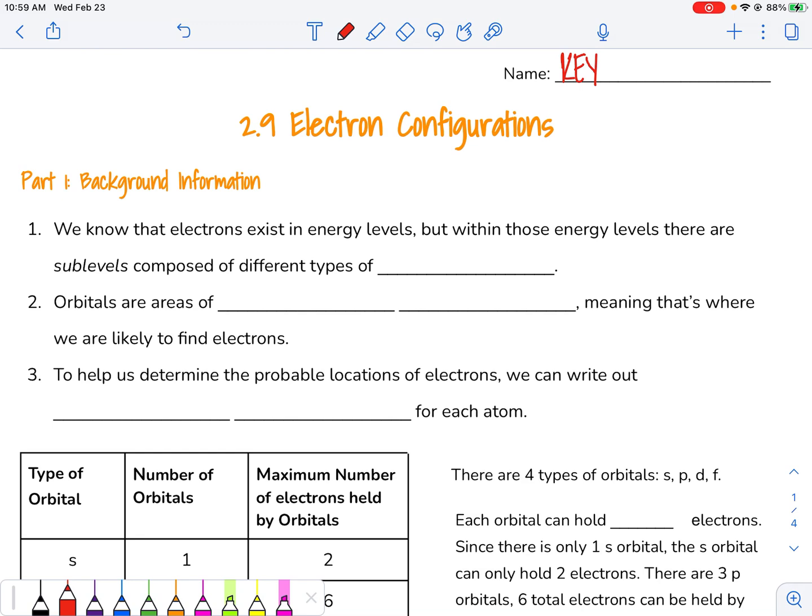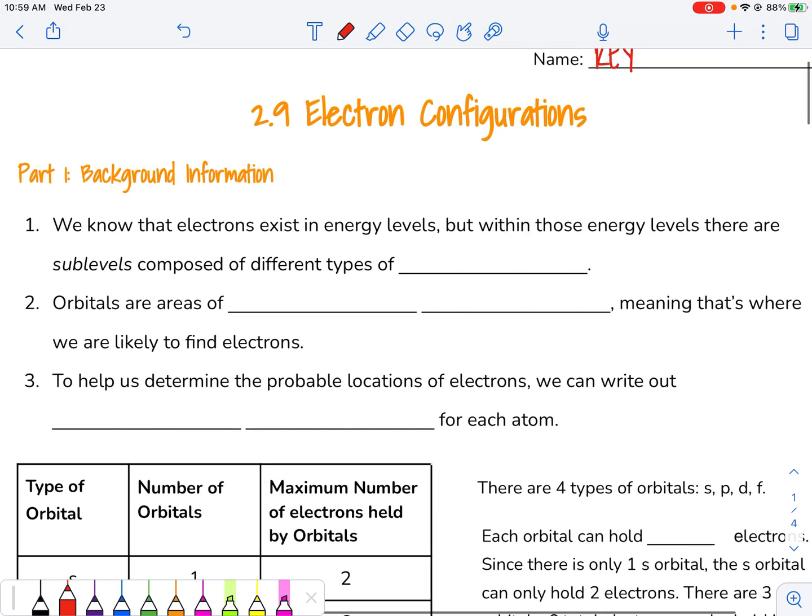Within those energy levels, there are sublevels composed of different types of orbitals. So an orbital is a sublevel within an energy level, and these orbitals are areas of electron density. This means we are likely to find an electron in an orbital.